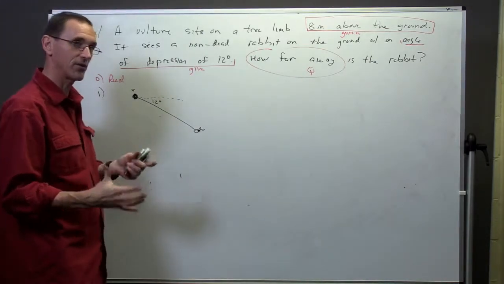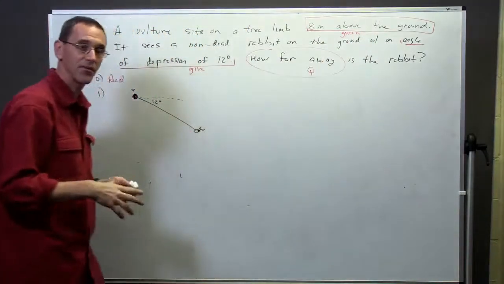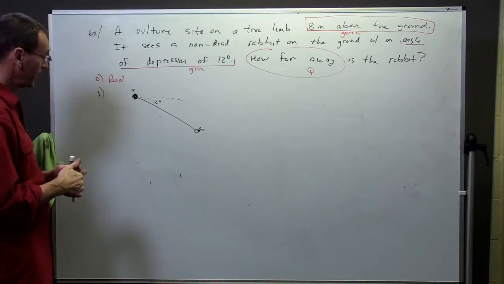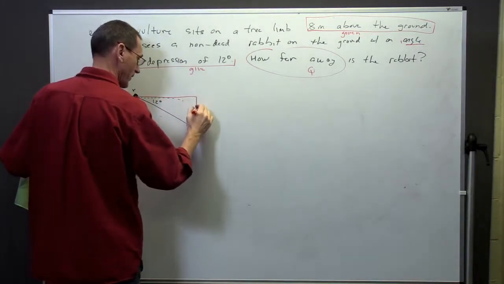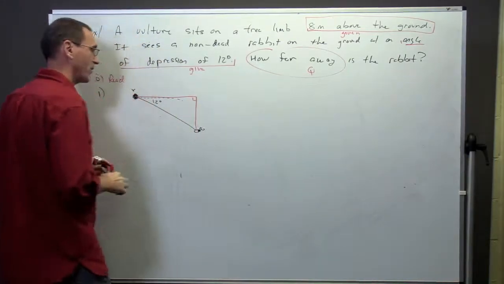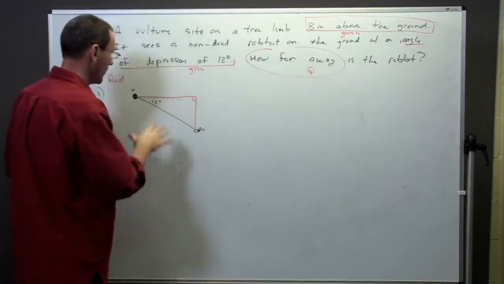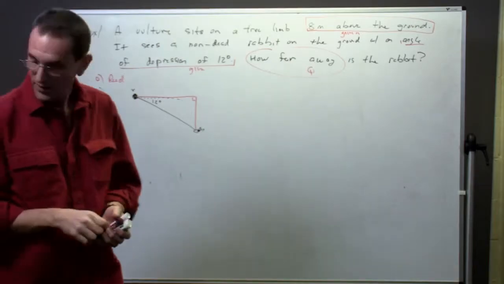If I can find a triangle, then I can start relating angles and distances using some of the trig functions. There are a couple different triangles here, and I'm going to use this one to work with. So there's the hidden triangle, and once I get this, everything else is hopefully going to fall into place.